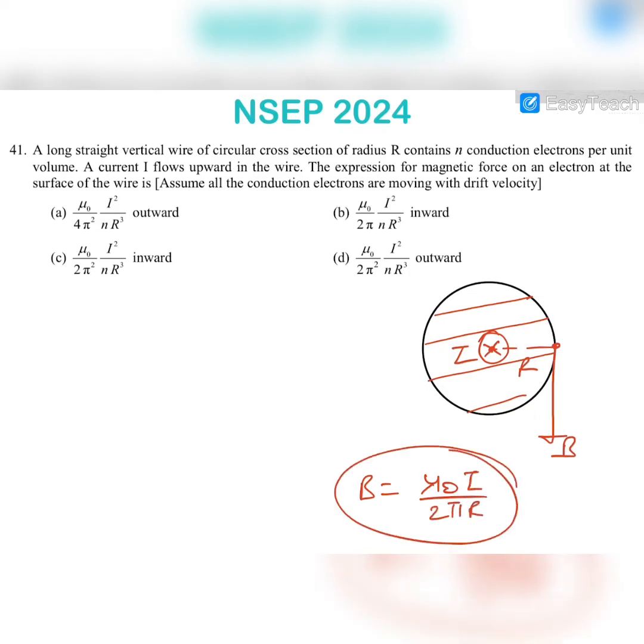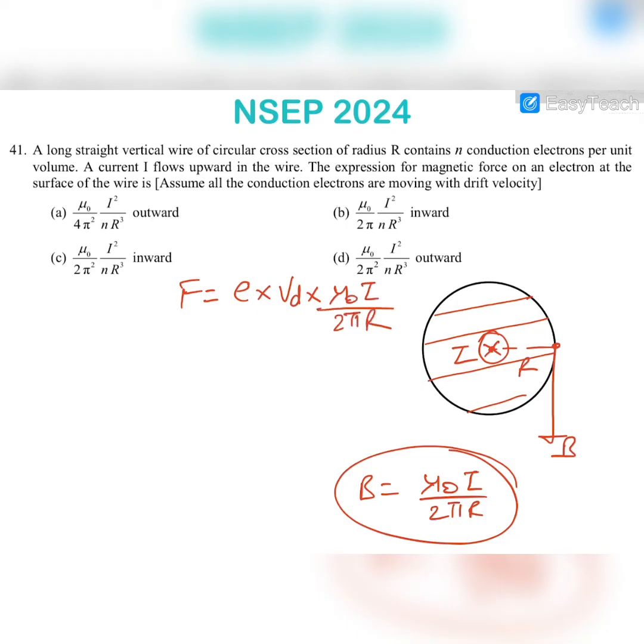We know this formula on the surface of the wire, and we can say that the electron will be coming out of this plane because current is going inside. So the electron will be moving outwards with the drift velocity, and therefore the force acting on the electron will be QVB. Q is e, V is Vd, and B is mu naught I by 2 pi r.